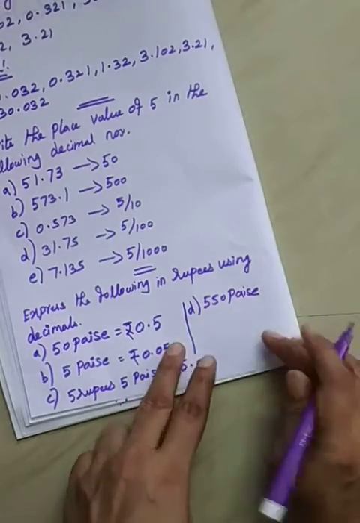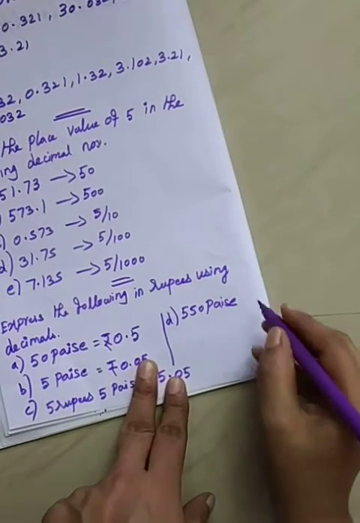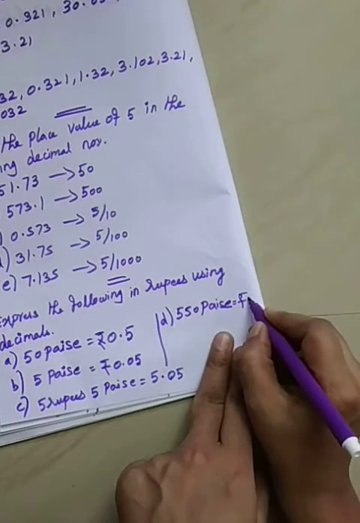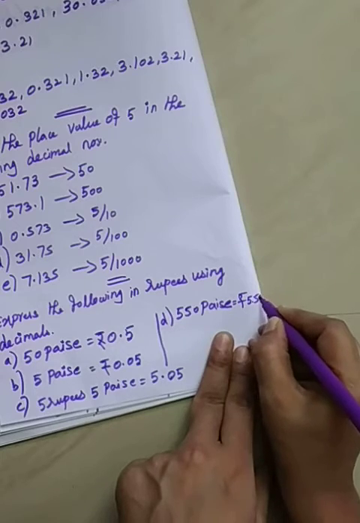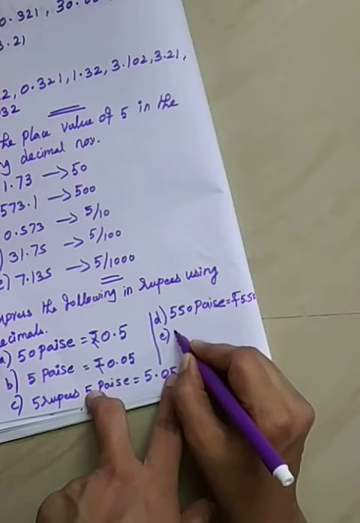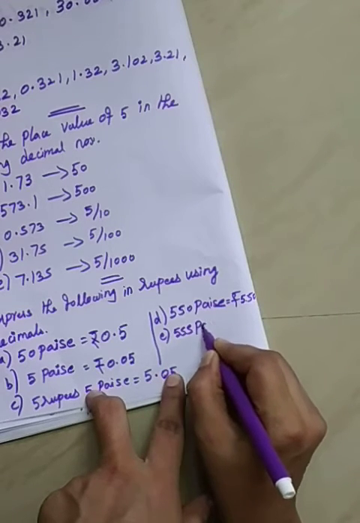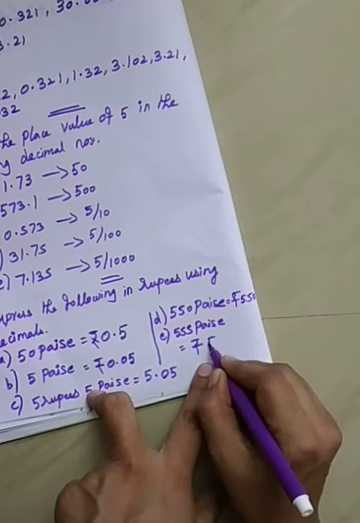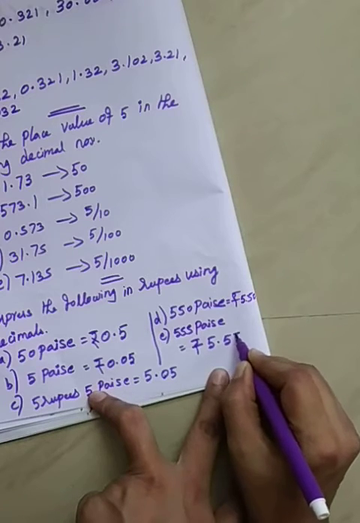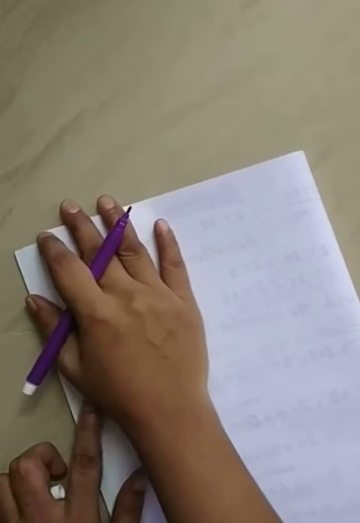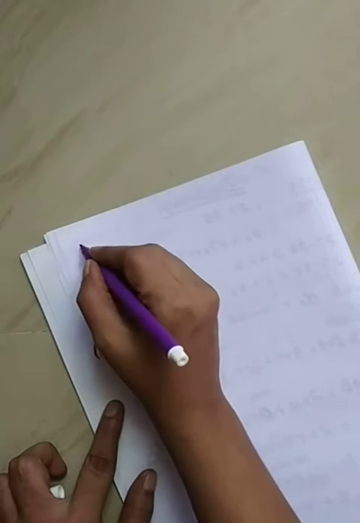In this one you can write rupees 5.50. Clear? The next one, 555 paise. In this one, rupees 5.55. Everybody clear in this one? Next we see multiplication of decimal numbers.